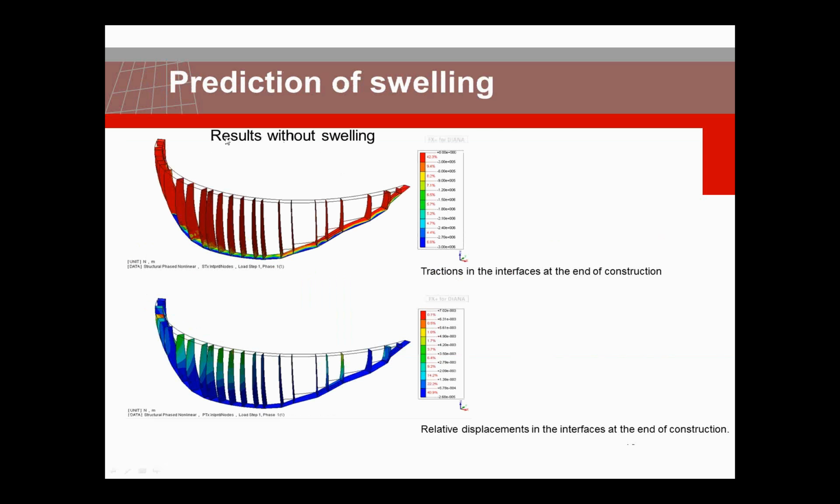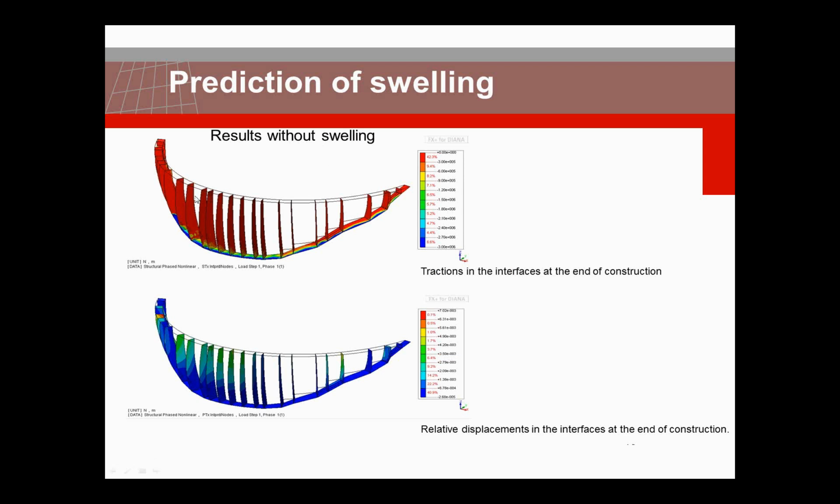And first we did an analysis in which we applied this nonlinear behavior, but we did not yet apply the changing properties. So we want to have a reference situation. We calculated the results without swelling. And here you see the calculated tractions or stresses in the interface elements.